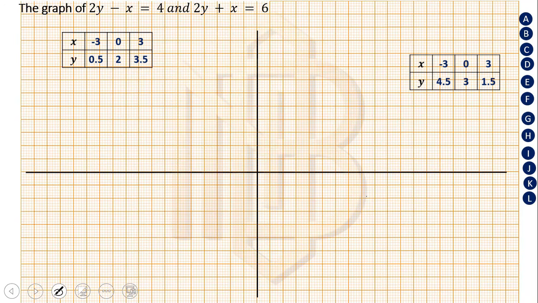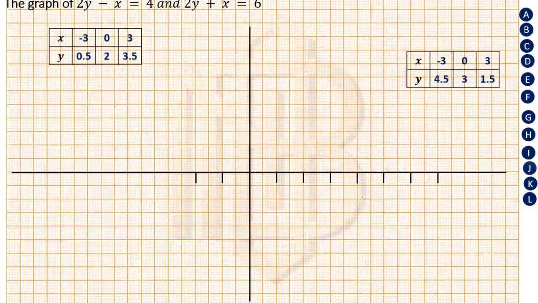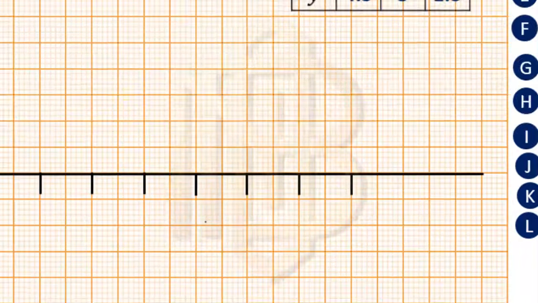So from what you have there, you can just go ahead with that. Looking at our x-axis, we can do the calibration. So you can see, that's the 2 centimeter mark representing 1 unit. So let's do it for the positive side and for the negative side.